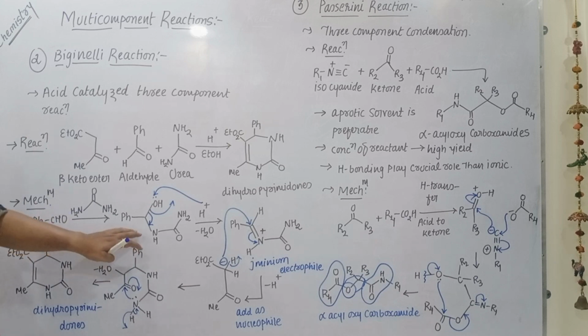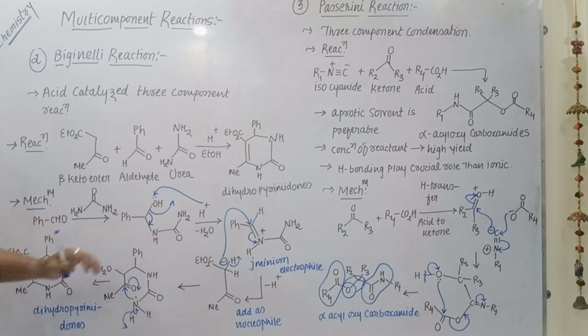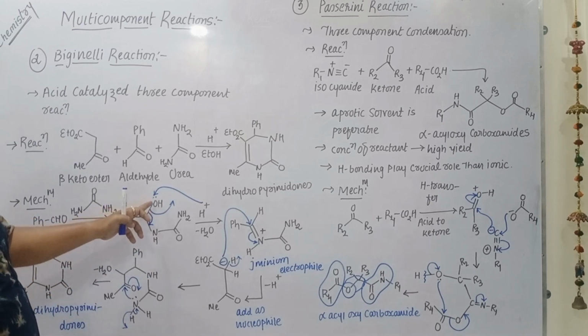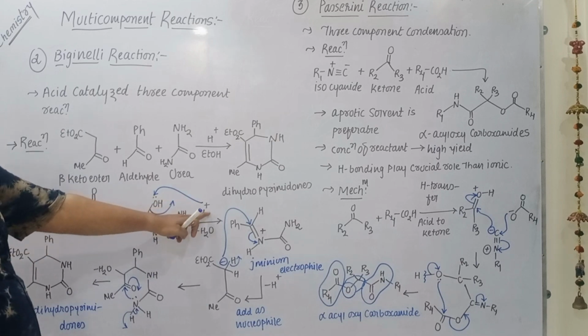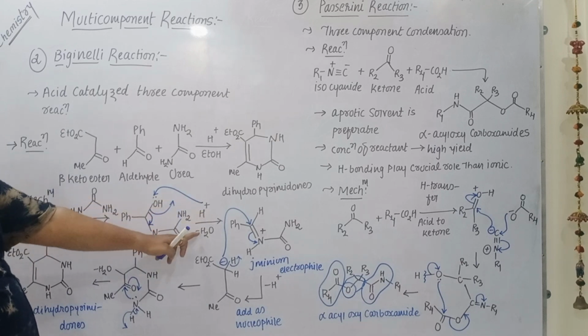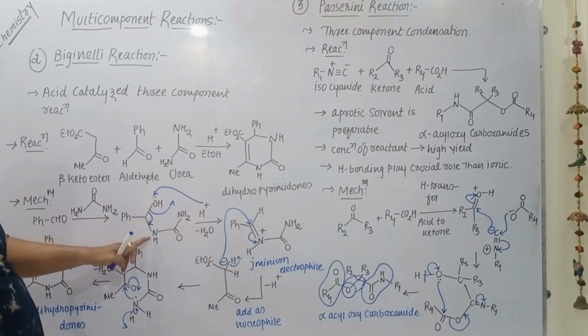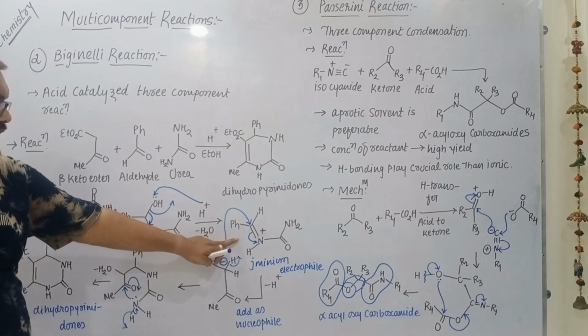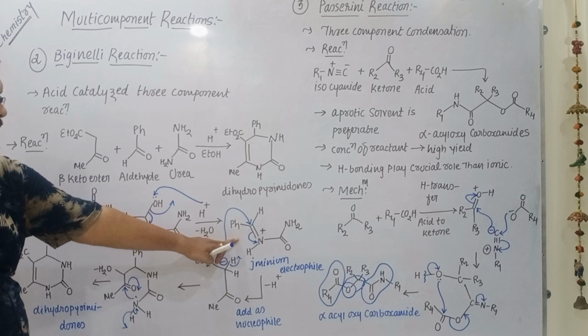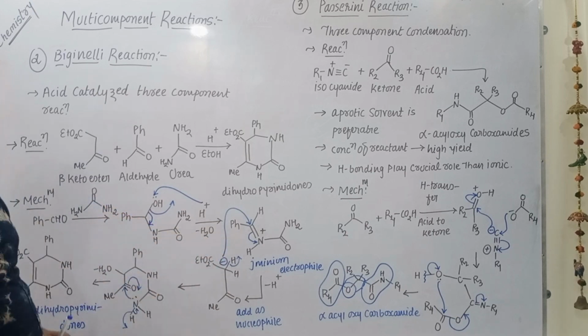So we will get such type of intermediate species. Now in acidic media, the lone pair of oxygen will attach this proton, right? And a water molecule will be lost, and this bonding pair will be shifted between carbon and NH. So we will get this iminium electrophile.